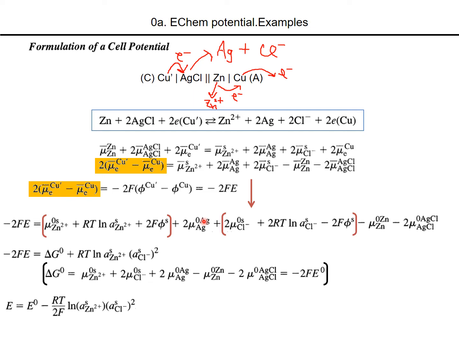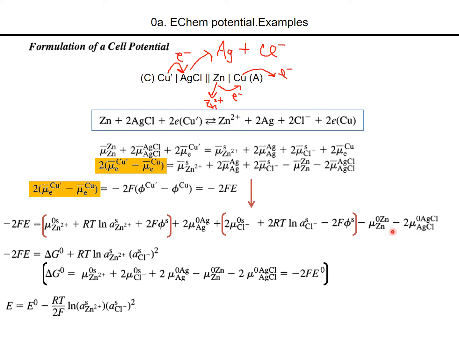So the other 2 terms go to 0. How about chloride minus in solution? Split into 3 terms. And zinc metal, so only the standard chemical potential, like silver. How about the last one, silver chloride solid? The same thing, standard chemical potential.